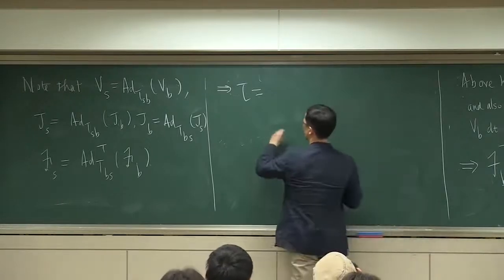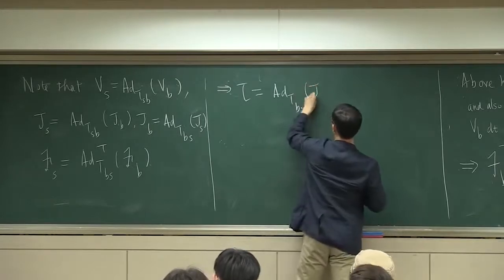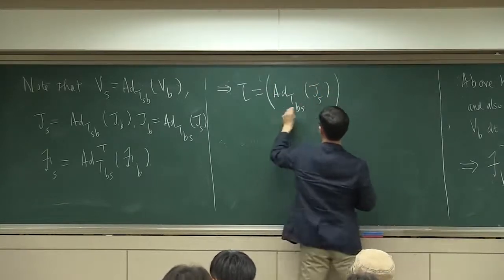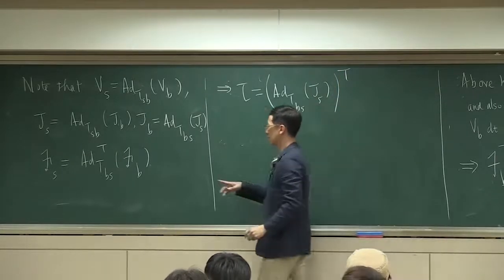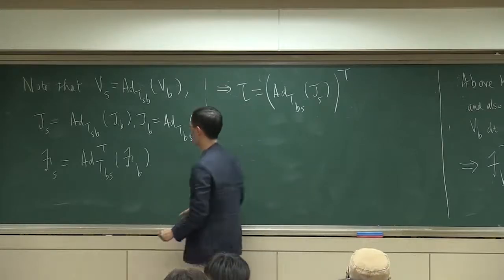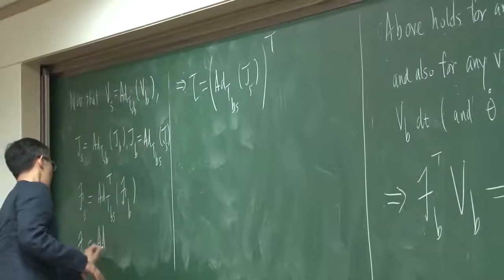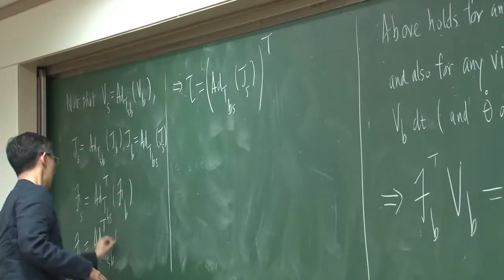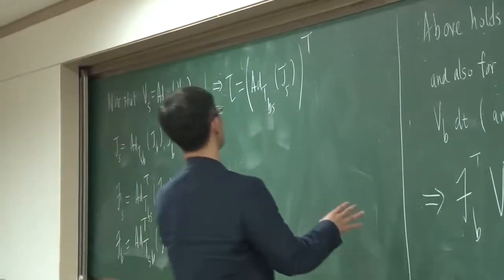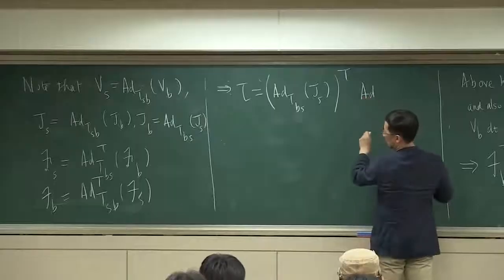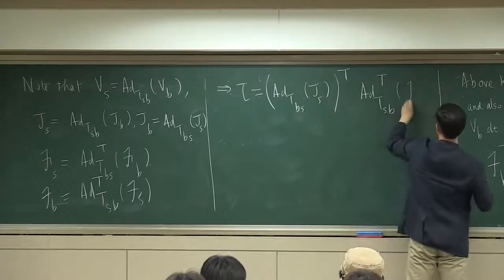So this is Ad_TBS J_S, the whole thing transpose, times F_B. So I probably should have written this the other way. Let's do that. Ad_TSB transpose F_S, so times Ad_TSB transpose times F_S.